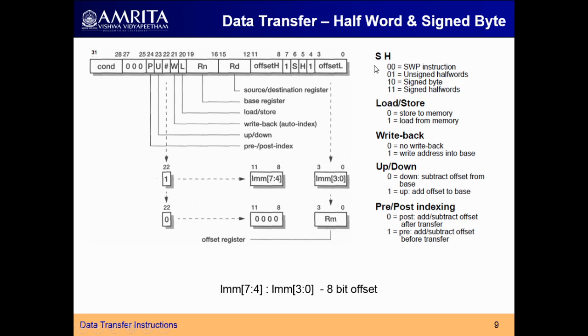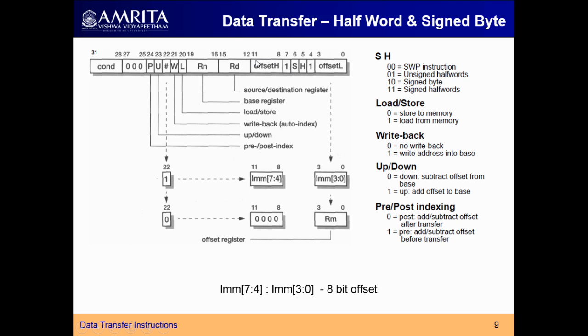And if it is 0 0, it will be the swap instruction that we will see later. Now we are dealing with only data transfer, so only these three combinations will be there. Then bit number 7 is again reserved as 1.